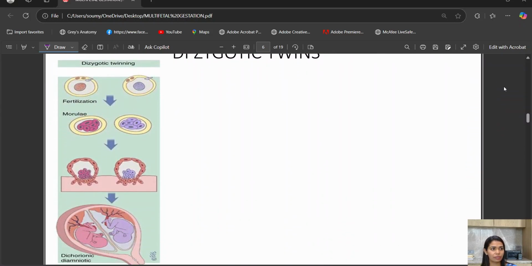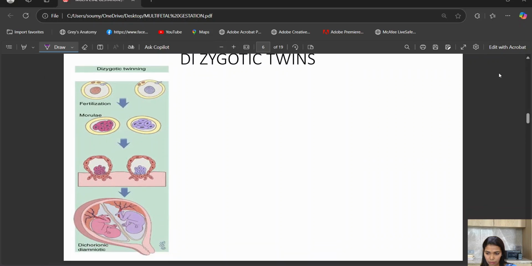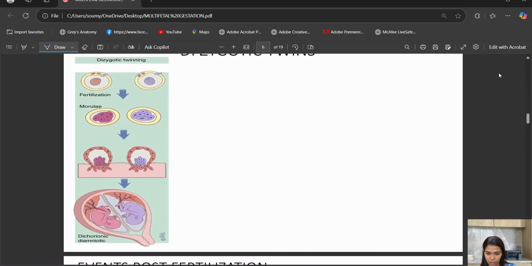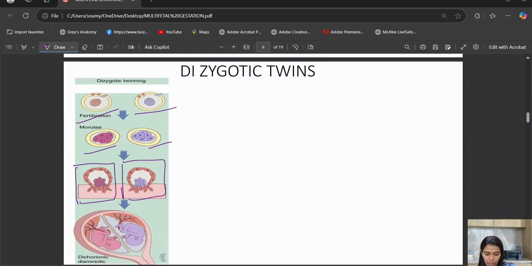And again, I think we've discussed dizygotic twins in a lot of good detail, so I don't think we need to discuss this too much, but just quickly, there are two separate zygotes forming two separate morulae, implanting in separate spaces, and obviously hence having one amniotic cavity, a second amniotic cavity, one placenta, and this is the second placenta.